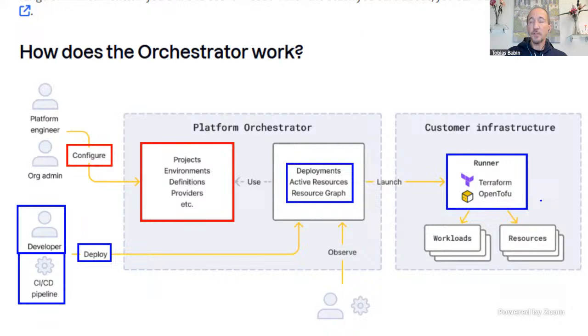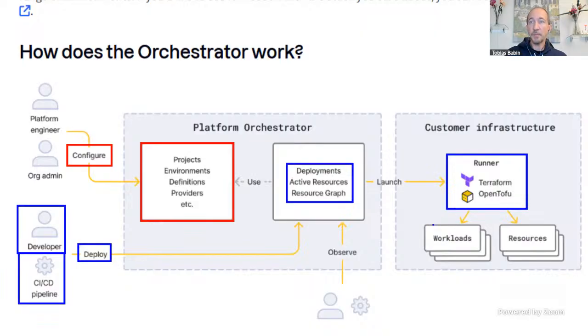The code it executes is either Terraform or OpenTofu code that you provide. Those are your modules that you can bring in to instruct the orchestrator how to provision a Postgres database, an S3 bucket, a DNS entry, all the sorts of things you want to make available to your developers.